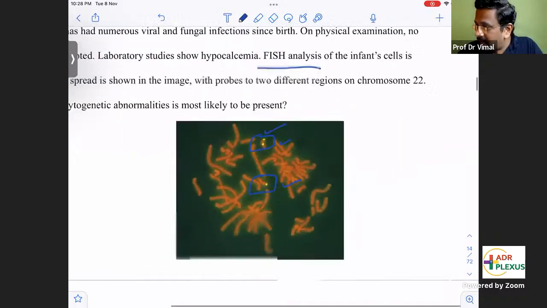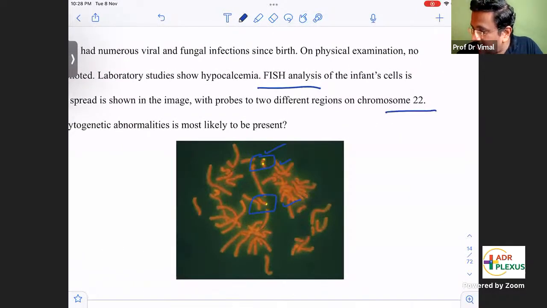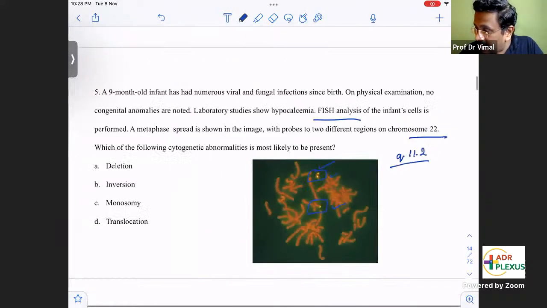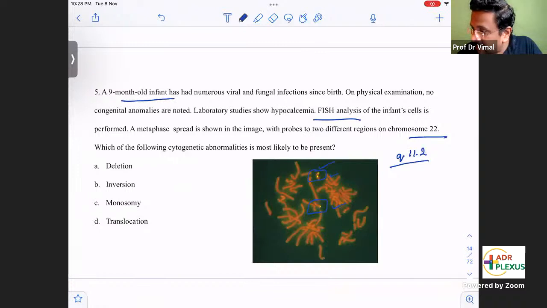That means the other probe, 22q11.2, is deleted. In a child prone to viral and fungal infections and hypocalcemia, this makes a diagnosis of DiGeorge syndrome. It is a 22q11.2 deletion.